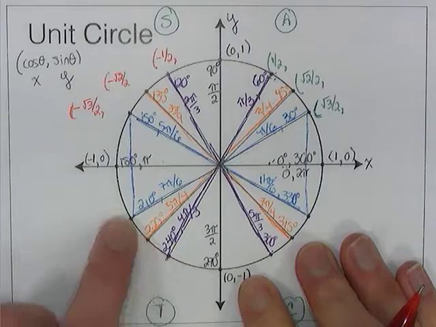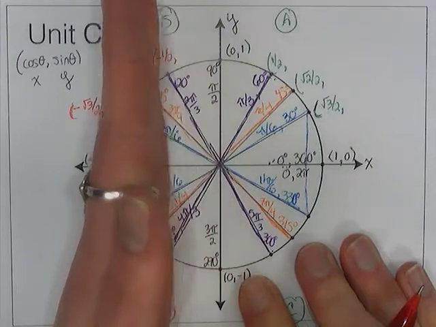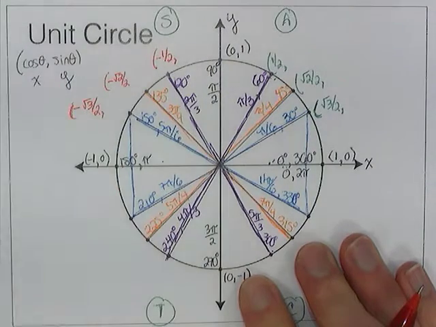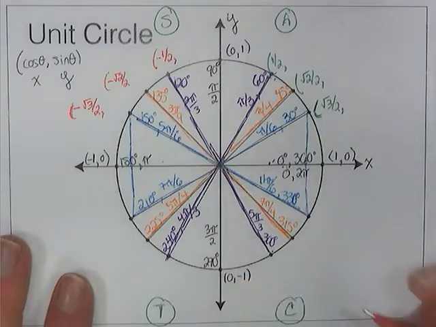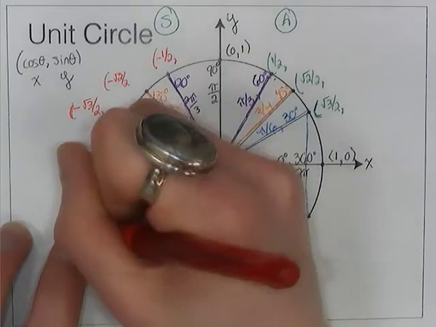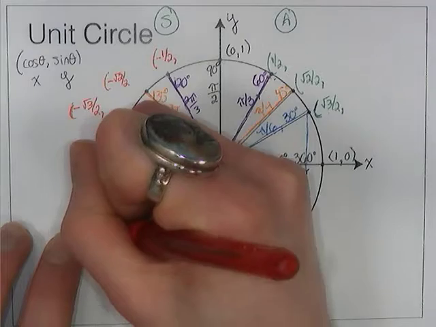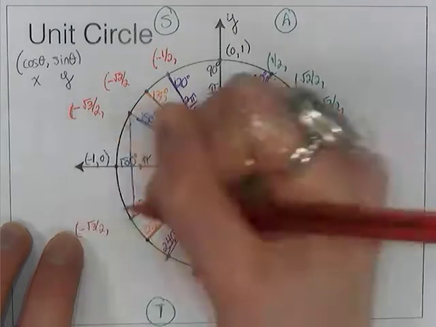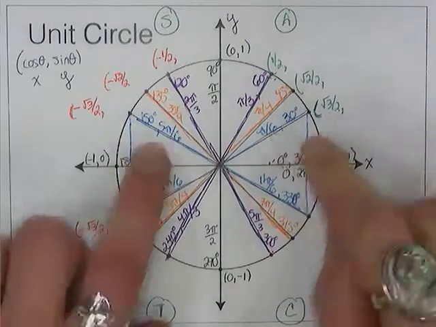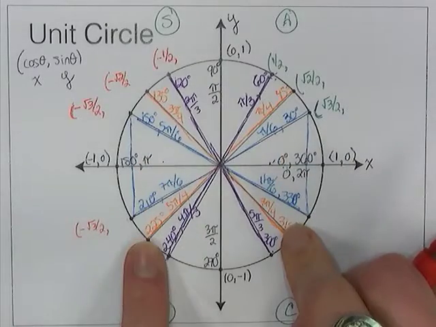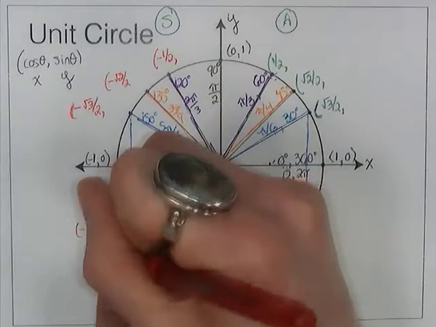Down here, again, our x values are negative. So cosine is negative. So this point has the negative √3/2. Orange is our negative √2/2.